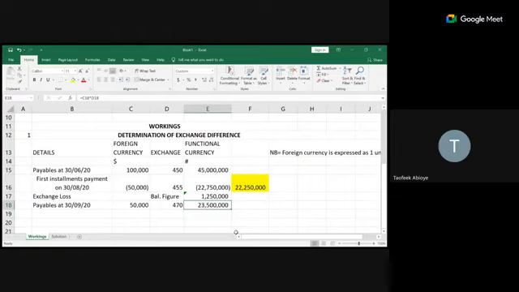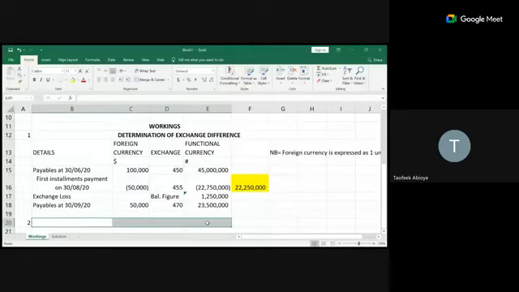They ask us to calculate depreciation on the assets, right? But before we calculate our depreciation, there is something we must quickly calculate, which is the cost of the assets.